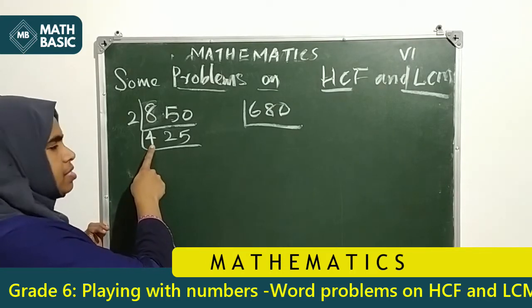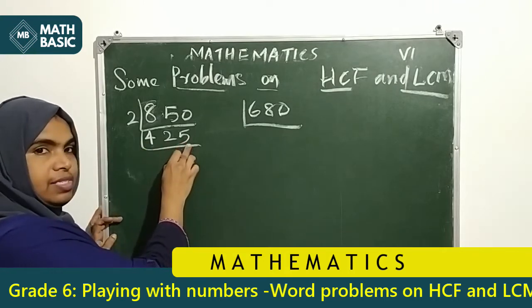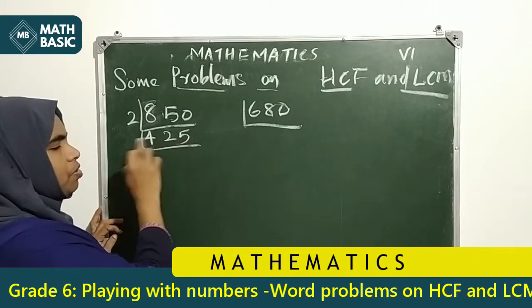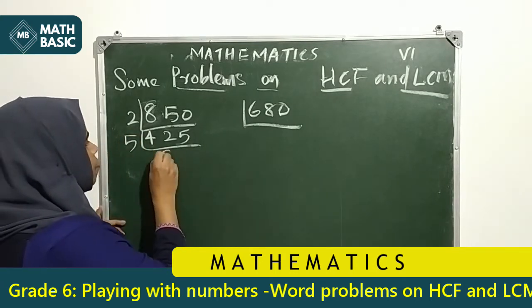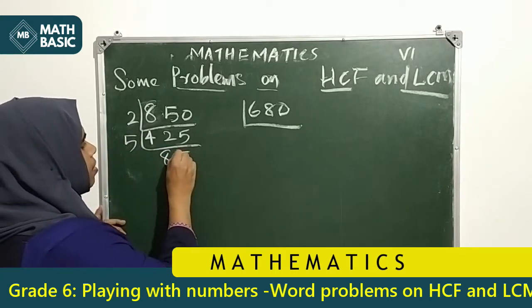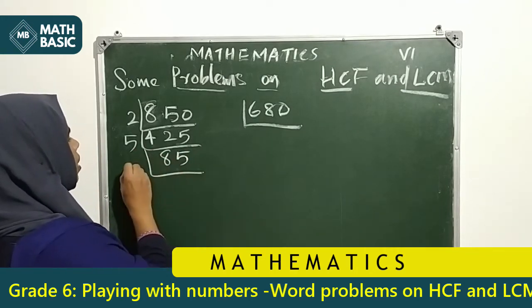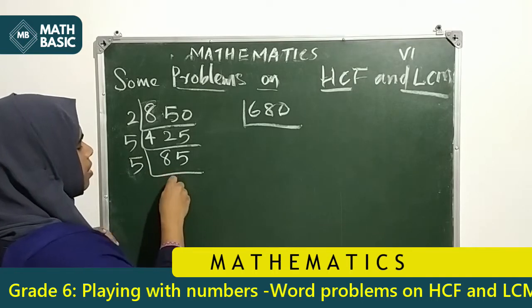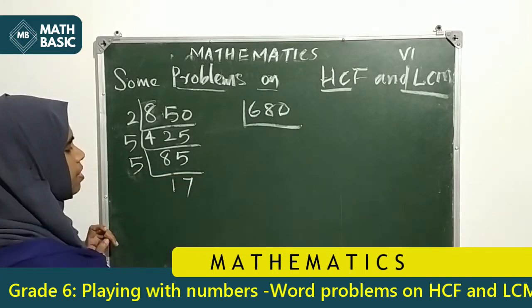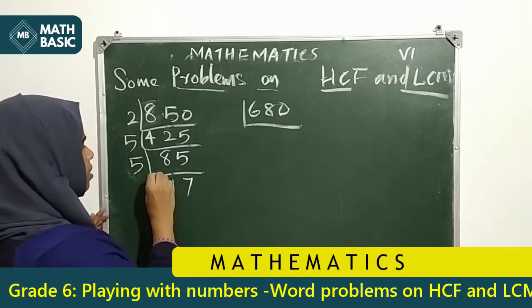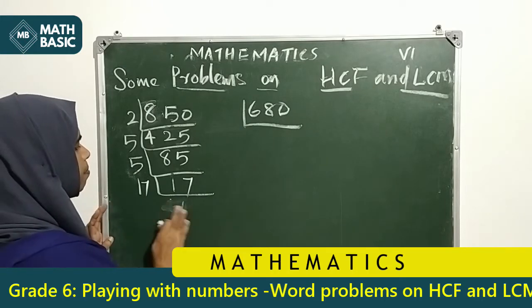We cannot divide by 3 because the last digit is 5. Okay, we can do by 5. 5 5s are 25, so 85. Again by 5, 17. 17 is a prime number. So 1.